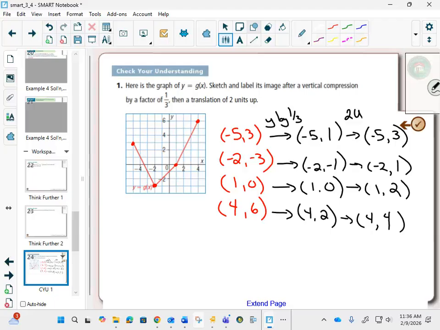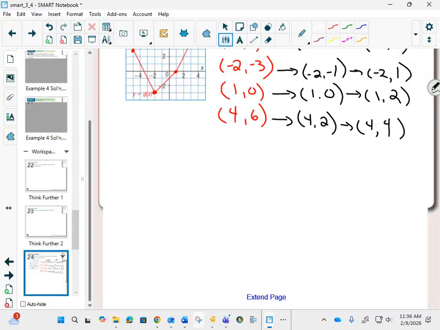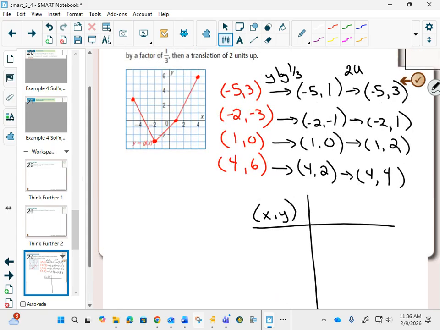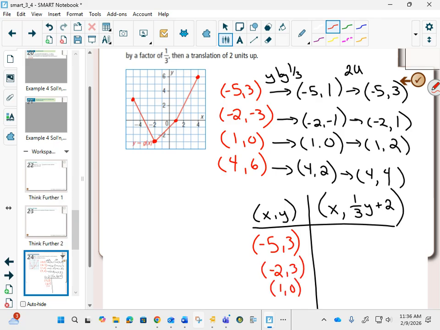Just to show you a different technique, if you go online or see different places, I like this technique as well. It has 2 columns. And what did we do? Our x is not changing, our y is getting multiplied by 1/3, and then we're adding 2. So you could write all of your original points this way, and then look at the formula.